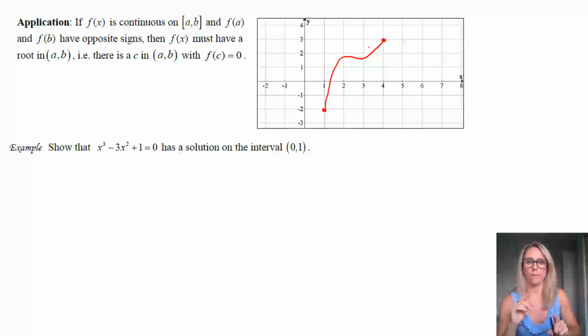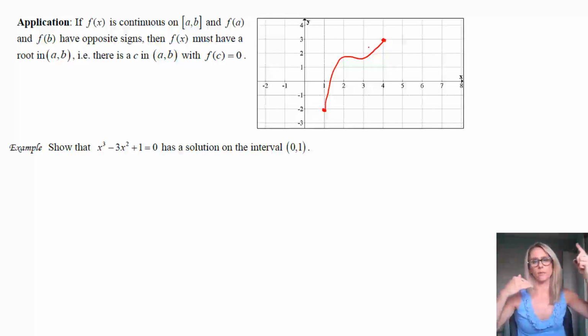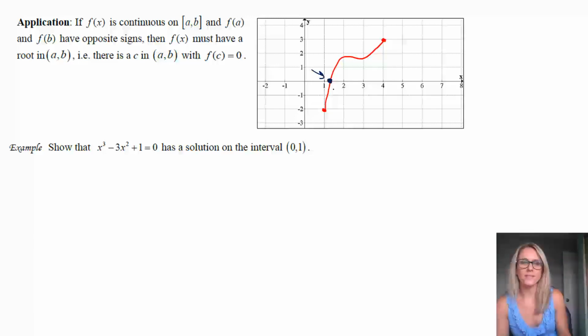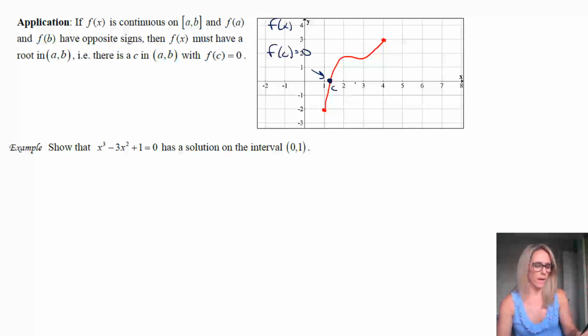Again, big thing here, f of a and f of b have opposite signs. So I've got to be starting in the negative and going to positive, or starting at positive and going to negative. What this is telling us is that there has to be a root, meaning there has to be some value c for which f of c equals 0. So there's some c in that interval.